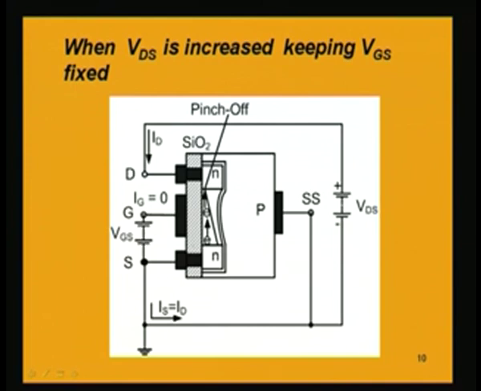at any point in the channel, if we want to find out the voltage between the gate and that point, then we see that this voltage is varying, because if we are here at the source, the voltage from gate will be VGS, gate to source voltage at this point.